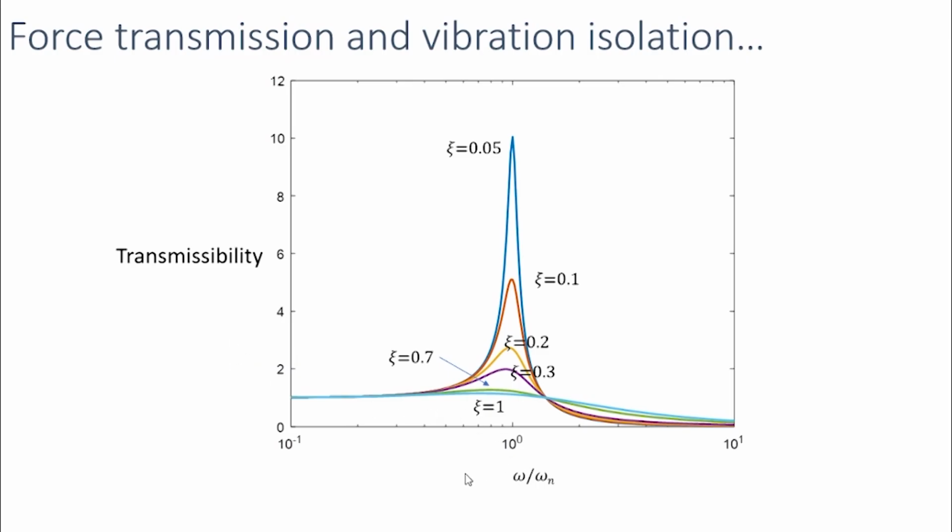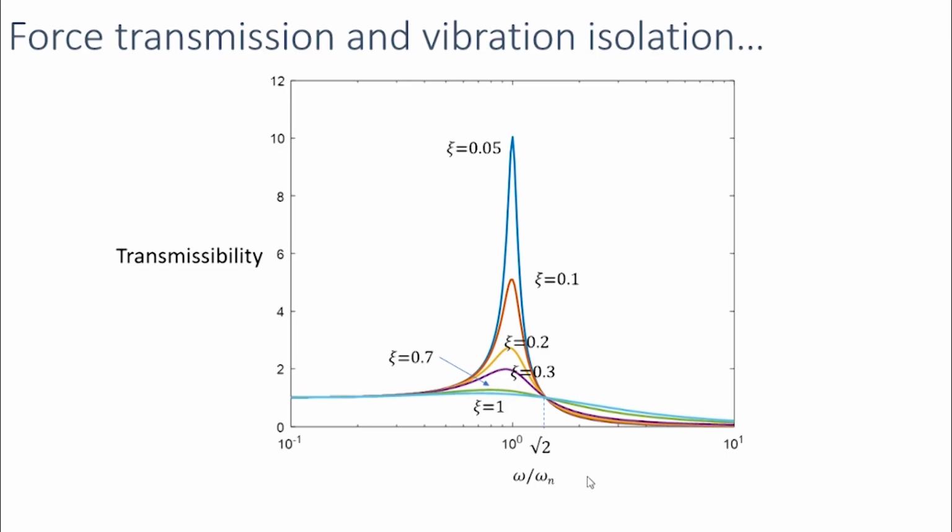And when the frequency ratio is close to 1, the transmissibility is higher than 1. That means the transmitted force is more than the applied force. So instead of isolating the vibration, an amplification of vibration is happening.